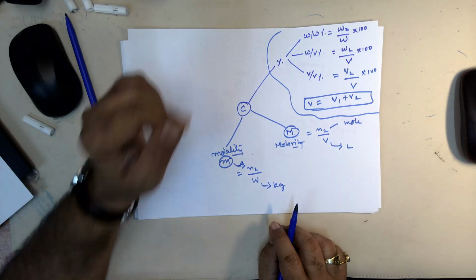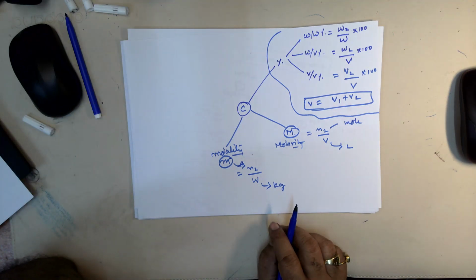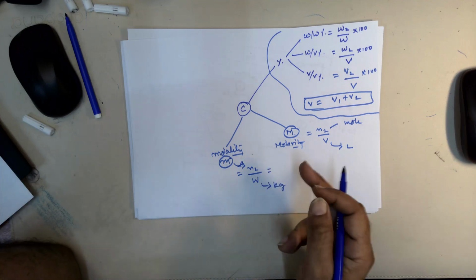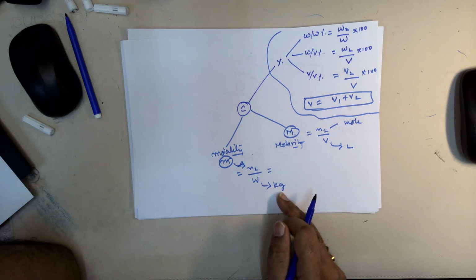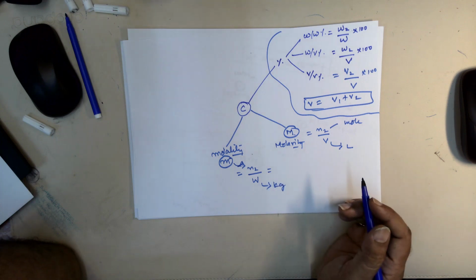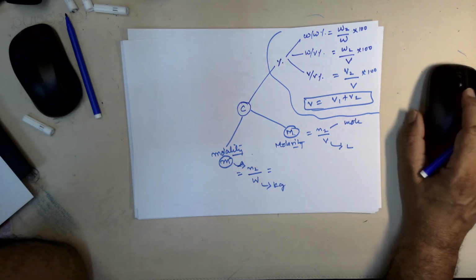Do you understand this? Suppose it is given in grams, then you have to divide by 1000, making it N2 into 1000 divided by W in kg.